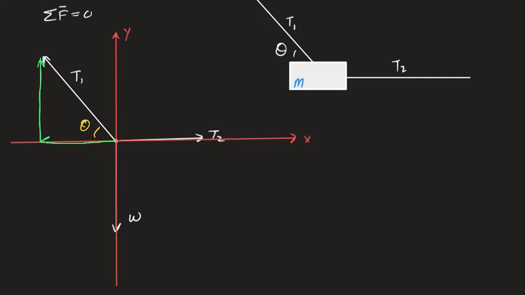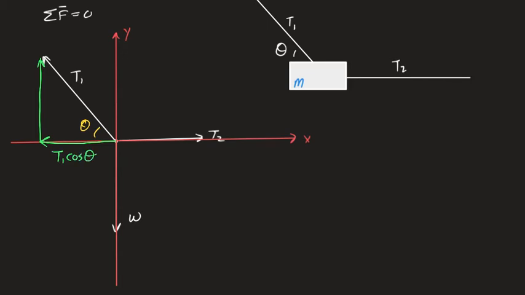Now, I no longer have patience for sine and cosine stuff. You should probably still have patience, but I don't. You're not going to see me writing opposite and adjacent and hypotenuse anymore, and sine, cosine, and tangent. You're going to see me say that this is T1 cosine theta. Why?